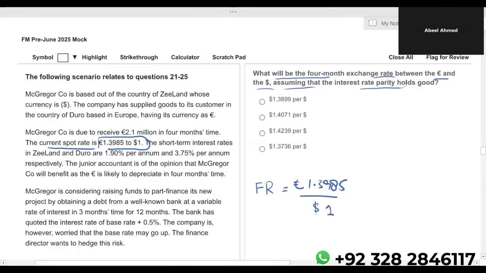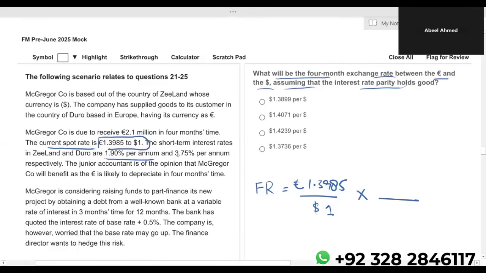We need to convert this spot rate into the 4 months forward rate. Simply multiply this with the interest rate of euro in the numerator and the interest rate of dollar in the denominator. It's very simple. Obviously, whether you write the 1 or not makes no difference.